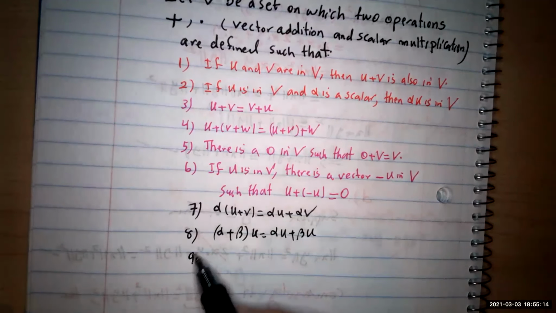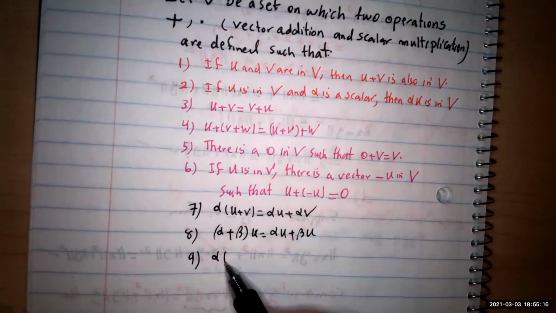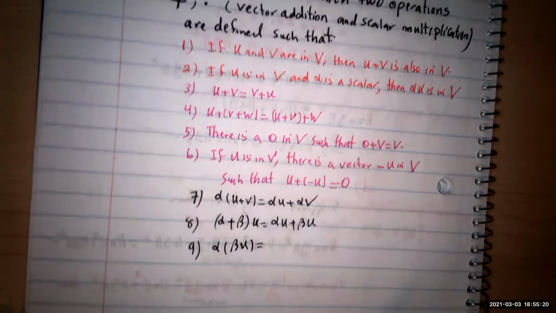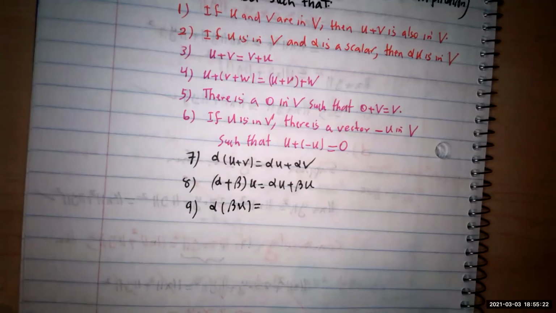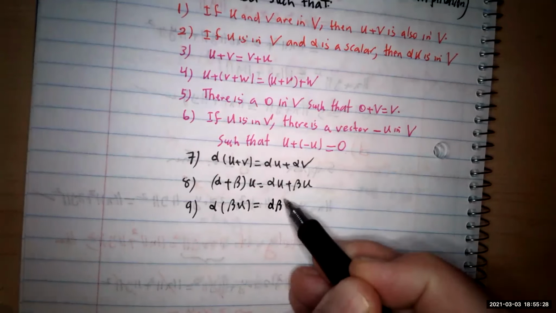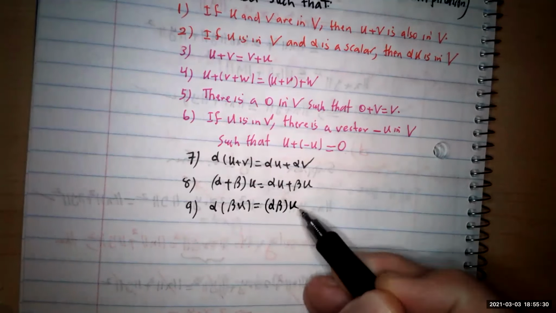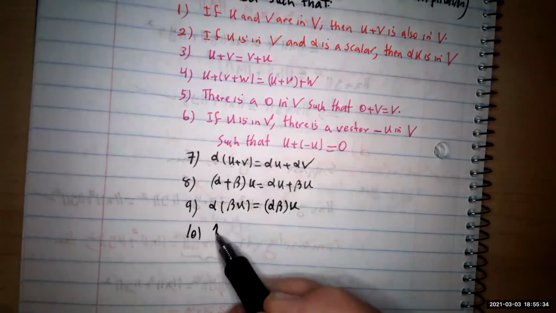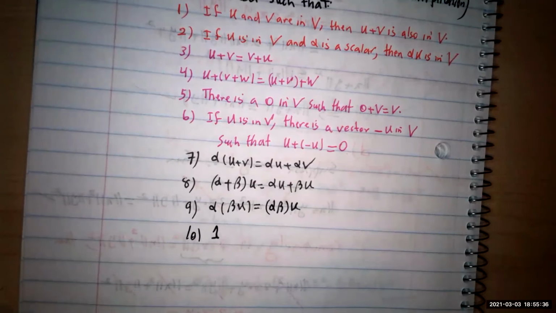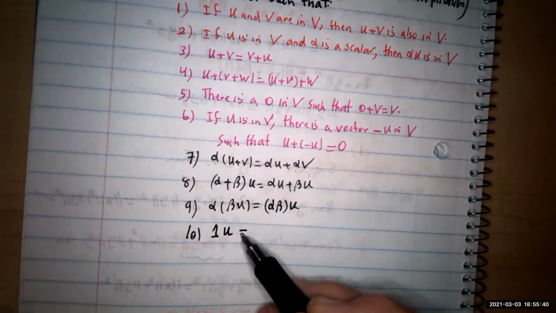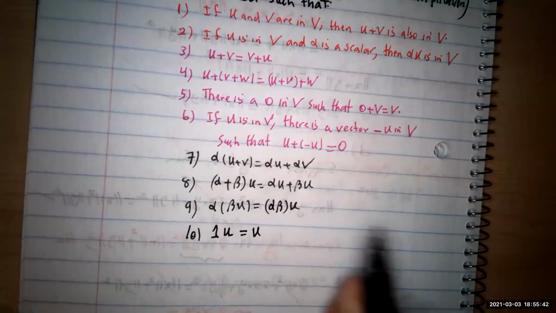The other one is, if you have alpha times beta times u, 2 times 3 times u, you can multiply both of them together, so it's alpha beta, then u. And the last one is 1 as a scalar, as a number: if you multiply the scalar 1 by u, that gives you u.